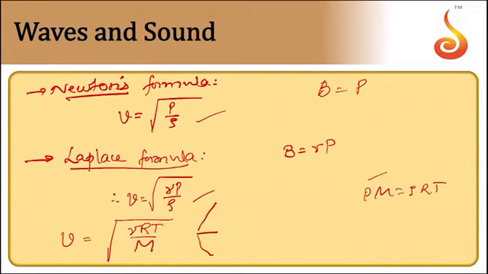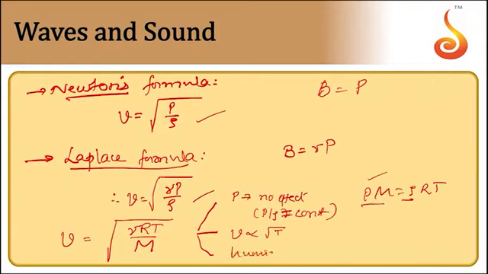So the speed of sound appears to depend on several factors. Number one, if you look at pressure, pressure has no effect. Why? Because P by rho is constant at a given temperature. Therefore, if you change the pressure, density also changes accordingly, keeping the temperature constant. And speed of sound is directly proportional to the root of absolute temperature.